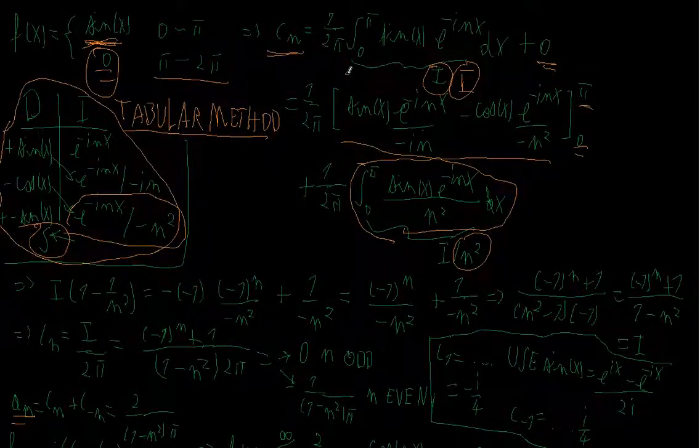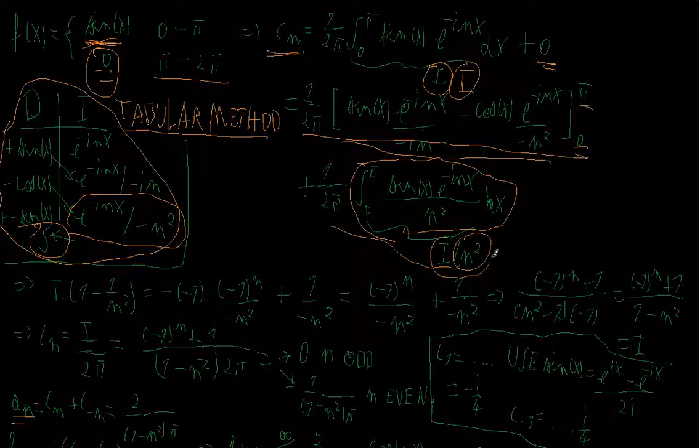We know that our integral here is equal to that stuff here and that stuff here. So we can take this I over n squared, so this integral over n squared, to the other side, and we can factor out the I. Okay, first we have I is equal to this stuff here. Let's call it, I don't know, Q. So I is equal to Q plus this stuff here, which is I over n squared.